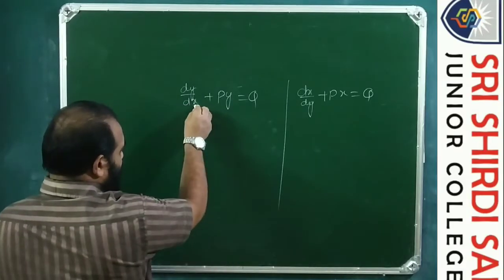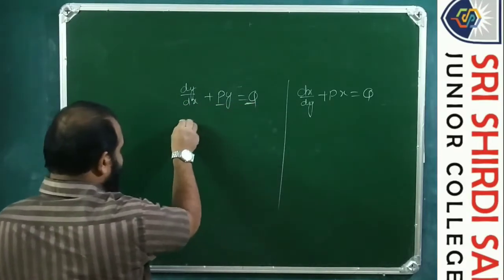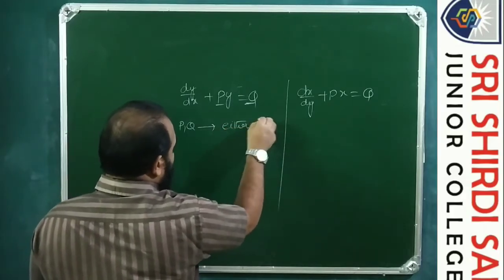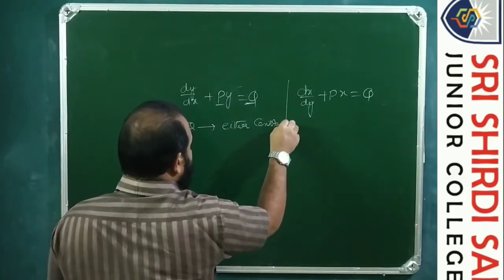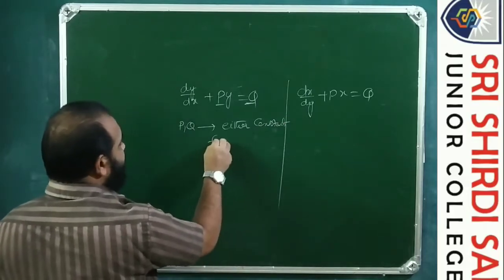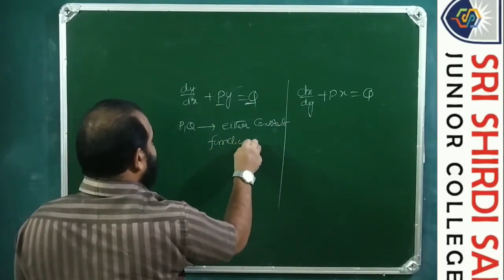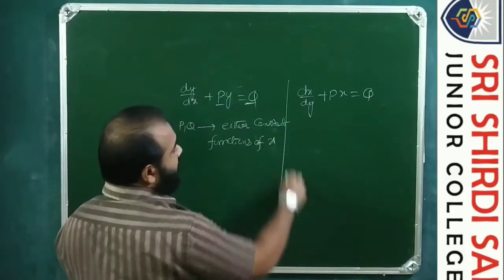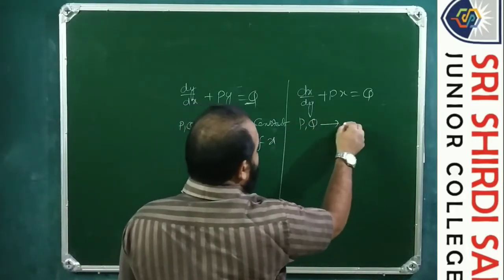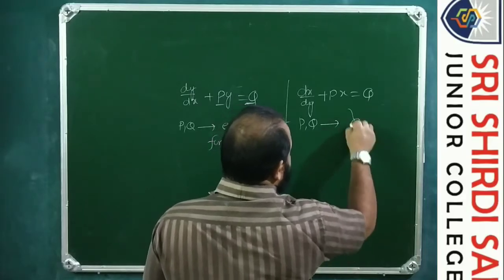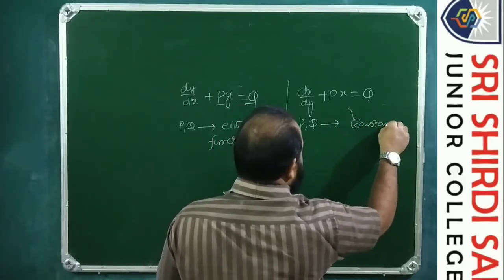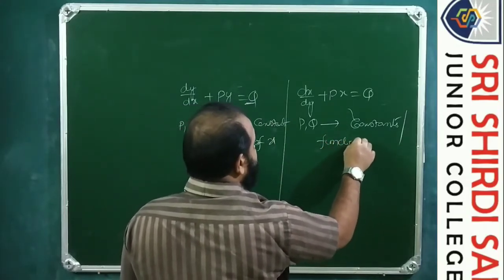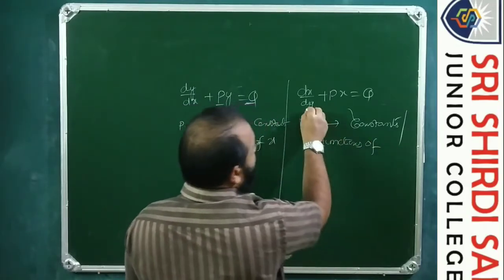So here p comma q are either constants or functions of x. Here p comma q are either constants or functions of y.